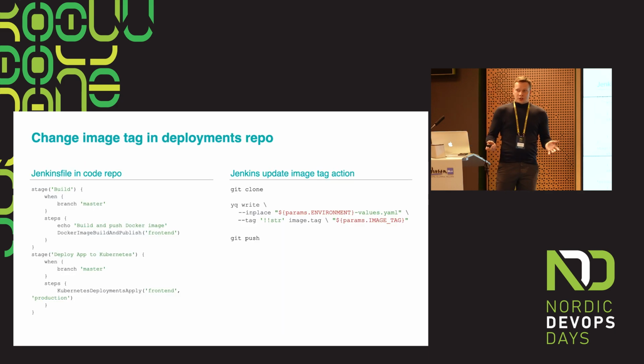But how do we actually deploy a new image to the Kubernetes cluster? We're using Jenkins for the CI stuff. In every code repository, there's a Jenkinsfile that does all of the tests, builds, and so on. So if you want to build a container image and change the image tag, you can add just two additional stages, build and deploy to Kubernetes.